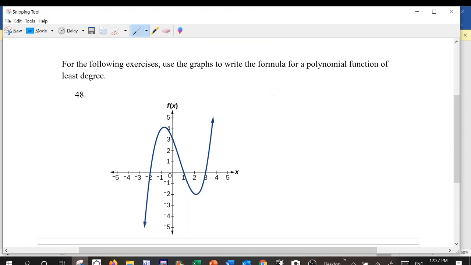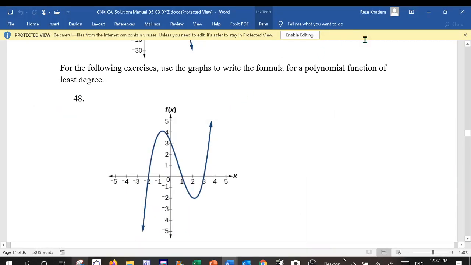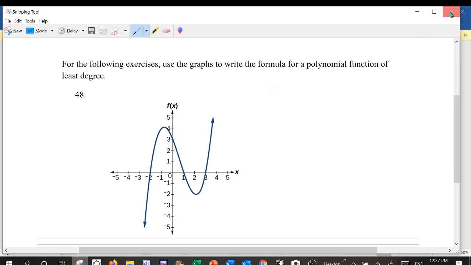So one thing that I should have mentioned is that if you have a polynomial graph, then the number of turning points, where the graph changes behavior, is given by n minus 1.